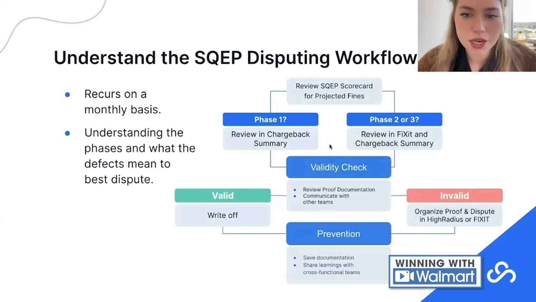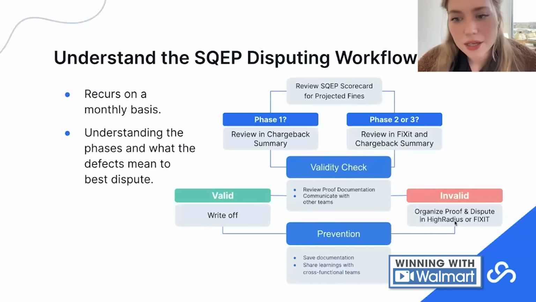Again, do that validity check. Is this a valid fine that I'm receiving? If it is valid, just write it off. Again, talk about that learn, that communicate, talk about prevention. We do see quite a few SQEP fines that come through that are valid, and so the best way to make sure that you're not experiencing this revenue loss is to try to prevent those from happening.